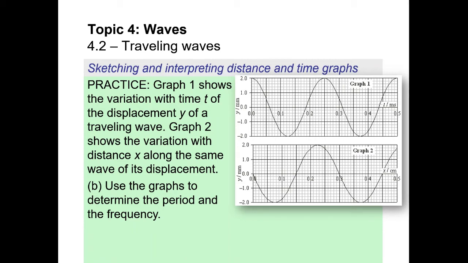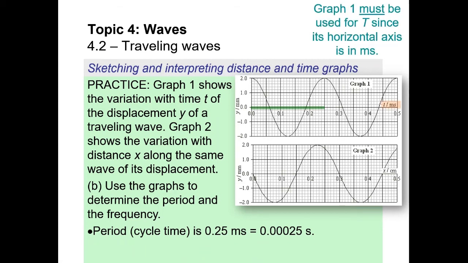And period here is from crest to crest. That is 0.25 millisecond, which is 0.00025 second. And the frequency is 1 over period, which is 1 over 0.00025, which is 4000 Hertz.